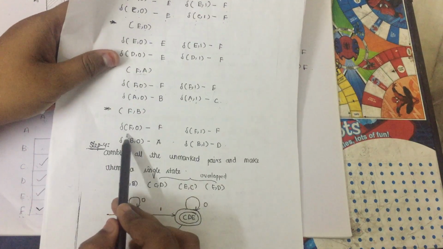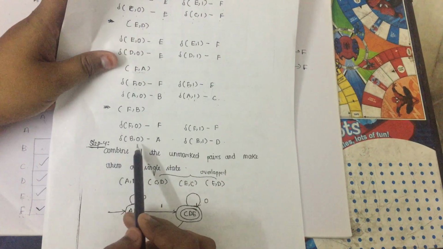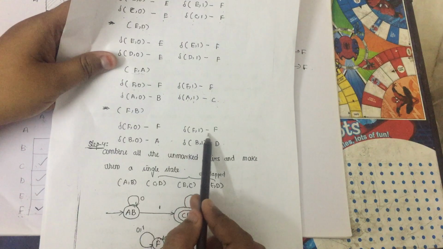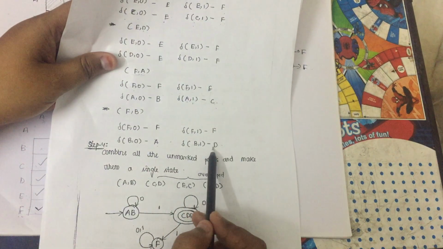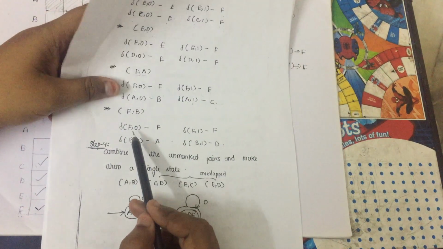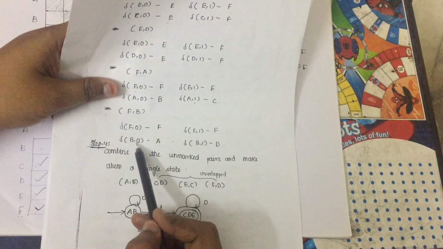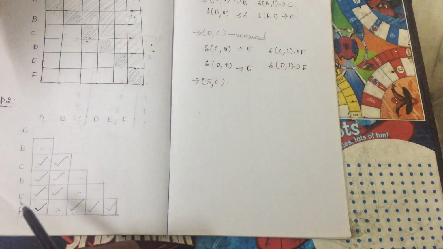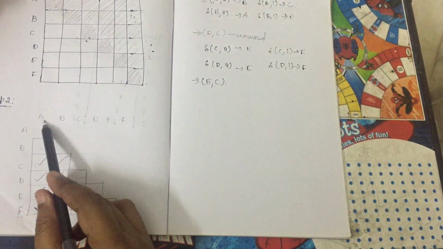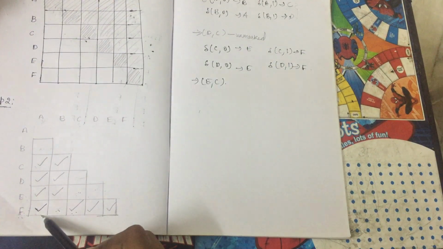Now coming to the next unmarked cell, F and B. So F and B, delta of F comma 0 is F, delta of B comma 0 is A, delta of F comma 1 is F, delta of B comma 1 is D. Now see, check F0, B is 0, what is the output? FA. Now if we check, F and A was recently ticked.